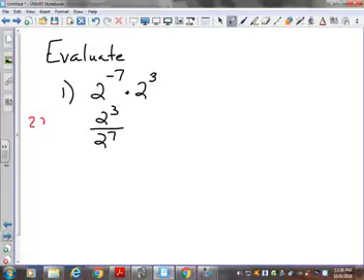If you have 2 2 2 and you have 2 2 2 2 2 2 2, not that I'm going to do it this way every time, but if I have that, some 2's could cancel out, right? So the rule that we learned about division and exponents says to subtract. And that's because you're canceling these out when you subtract. 7 minus 3 leaves me with 4.